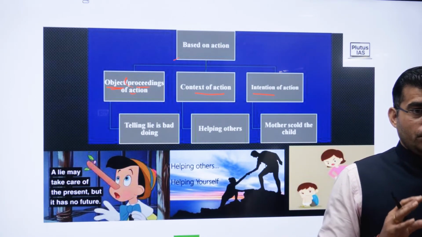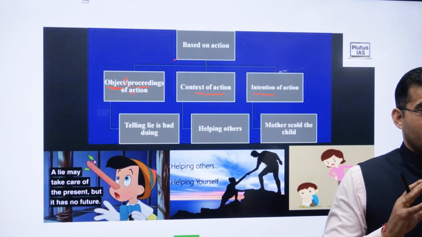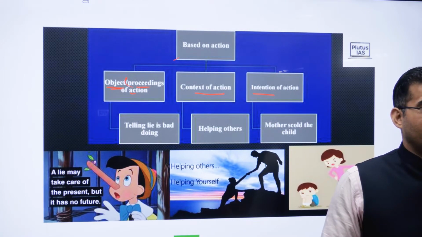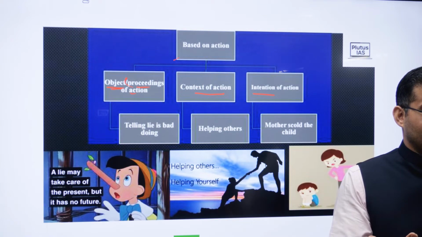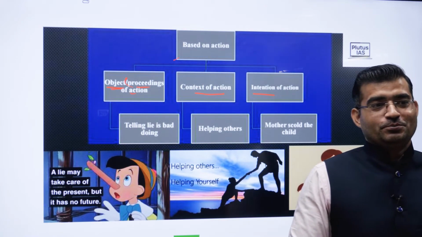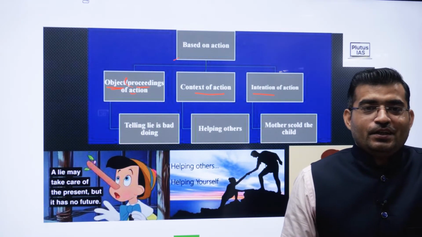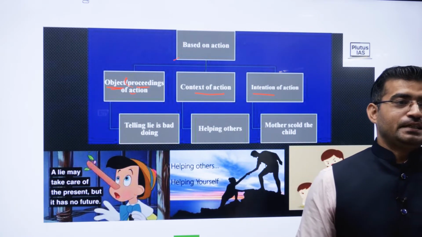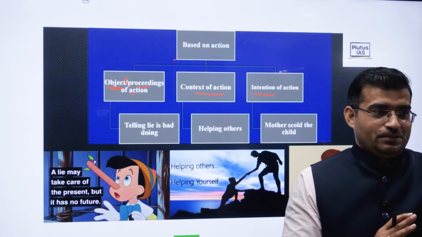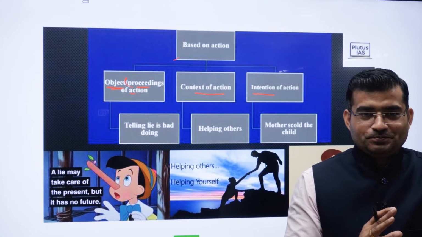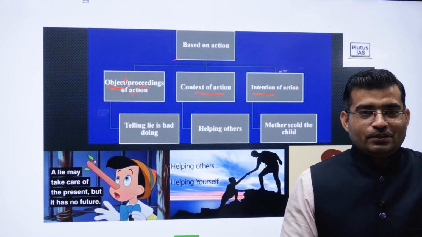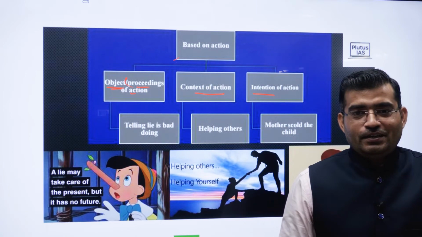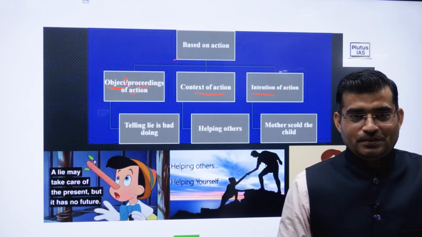Suppose you went to a railway station where a policeman is found beating or slapping a person. You curiously ask why the police is beating that person.